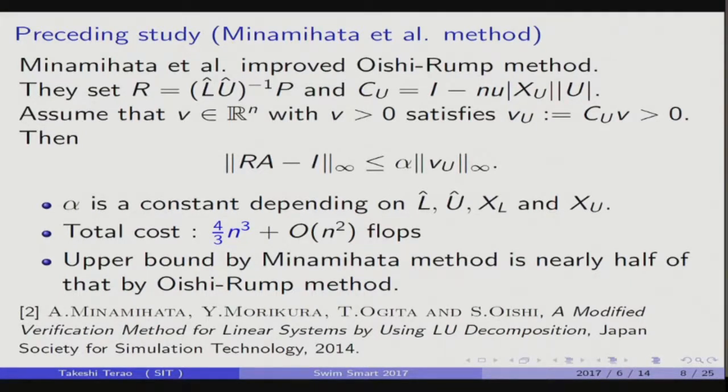The total cost of the Minamihata method is 4/3 times n cubed flops. So the computational cost of the Minamihata method and the Oishi-Rump method is comparable. In addition, the upper bound by the Minamihata method is nearly half of that by the Oishi-Rump method.